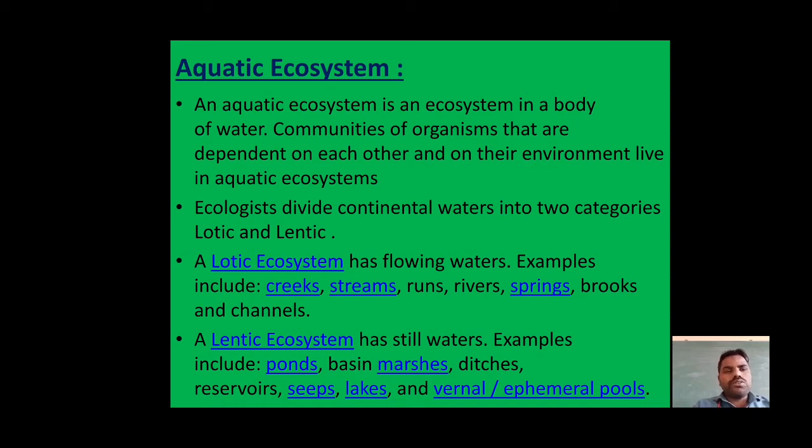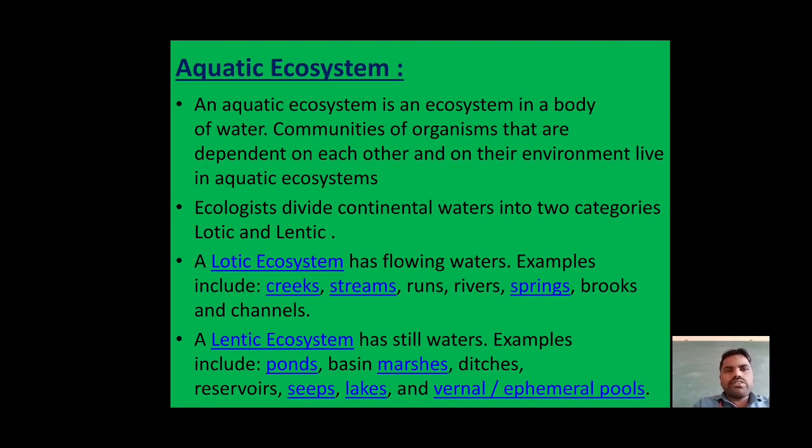The aquatic ecosystem is related to the water body, meaning in the water we can see animals, plants, and some other organisms. All these things interact with each other, and also with the water body and the water environment.